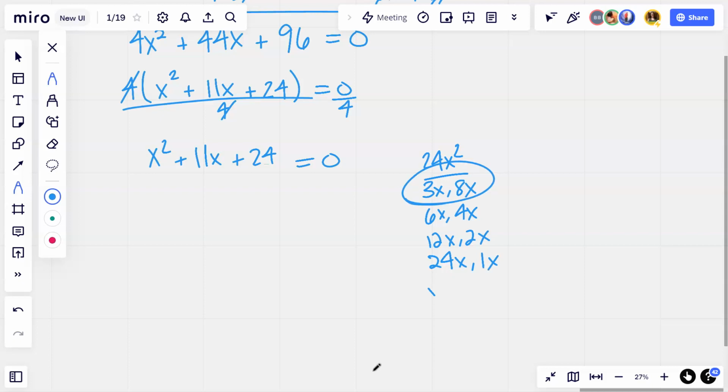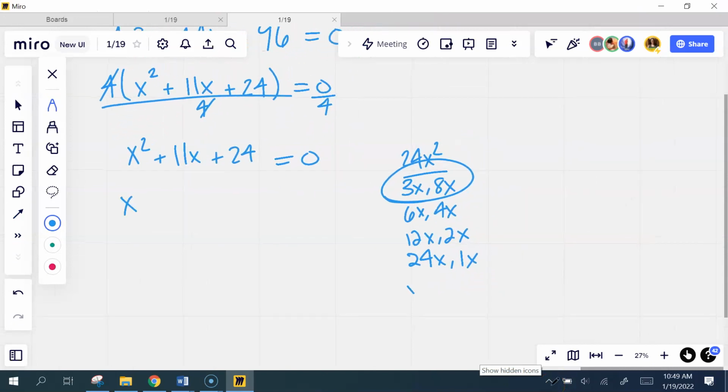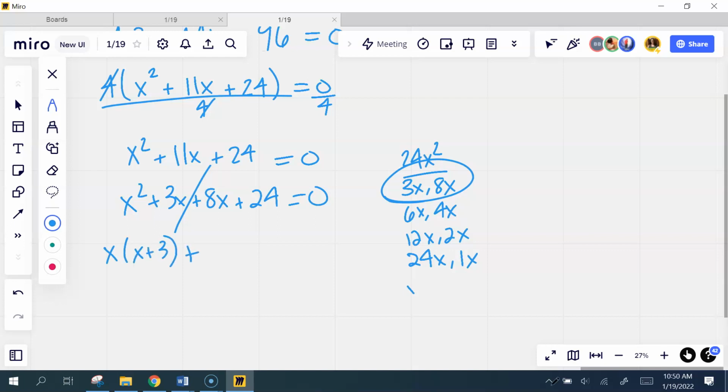All right, so I have x squared plus 3x plus 8x plus 24 equals 0. GCF of the first two, and what's left? That's right. The middle sign here. And what's the GCF of the last two?